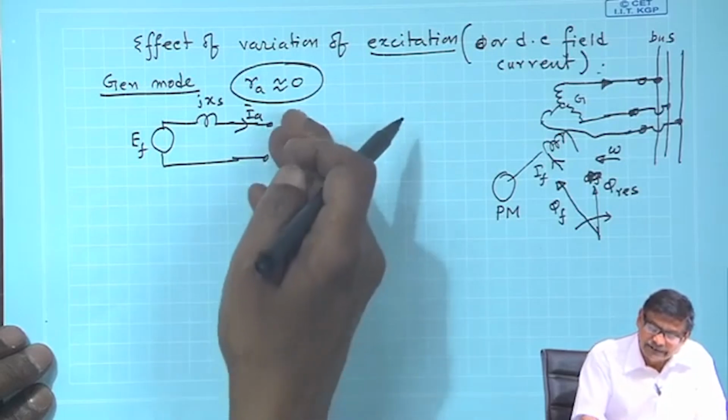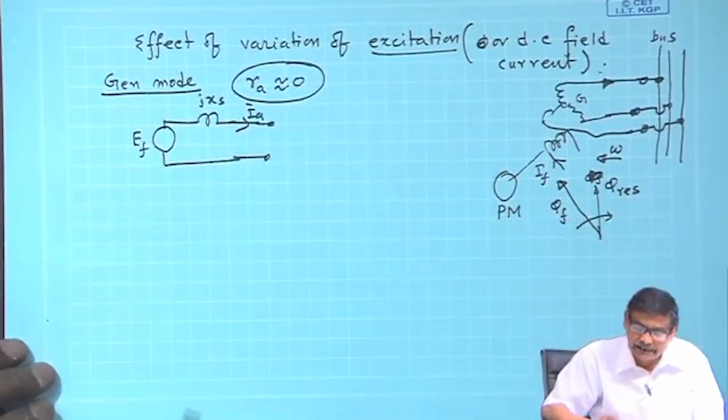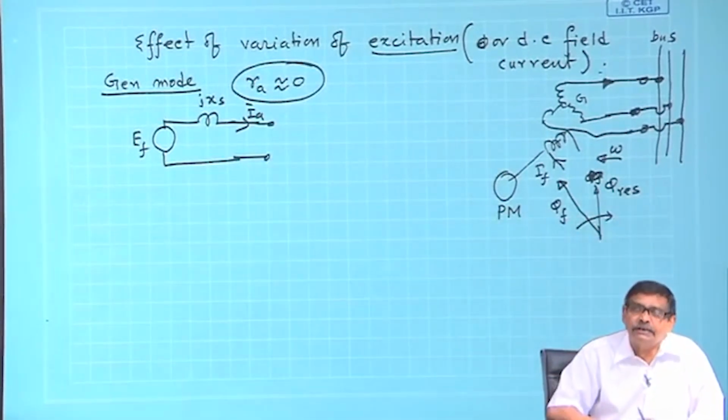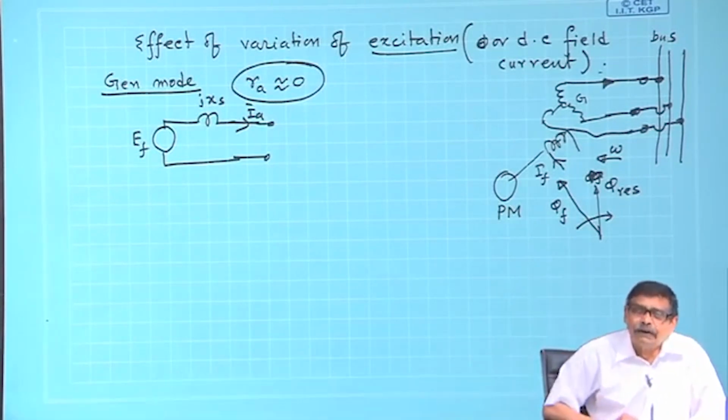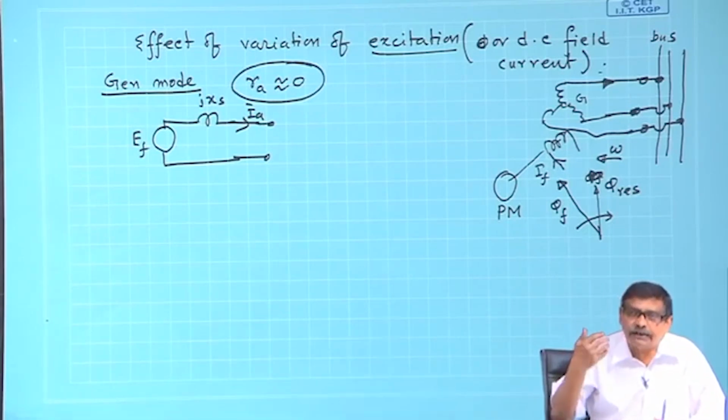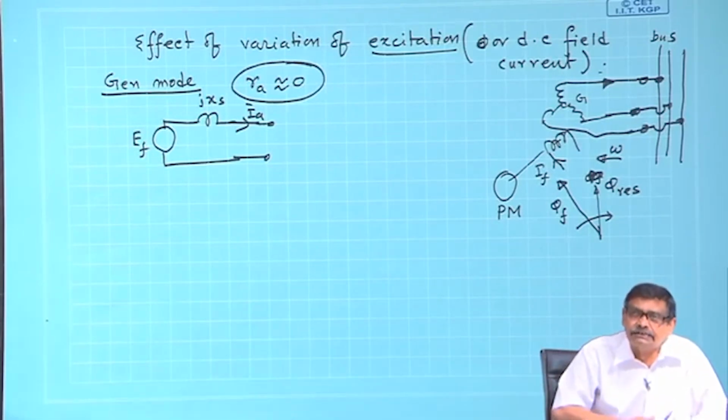One may wonder, where is the load if it is supplying lagging power factor? You do not worry. In the infinite bus, all loads are connected. All big generators are feeding the bus, a common bus. Loads are already connected, nothing that is not there.